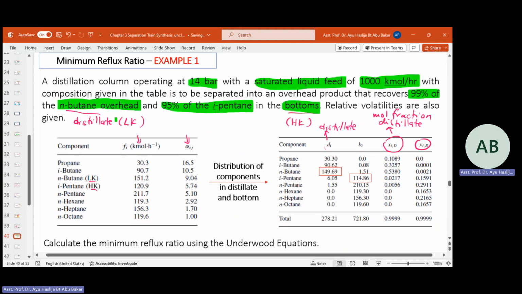Okay, how to get the mole fraction? If it is not given, how do you calculate the mole fraction? How can you get this value, 0.1089 in distillate? Correct. This one is the distillate value over the total value. Then you get the fraction.